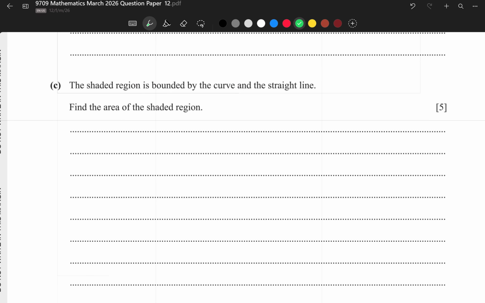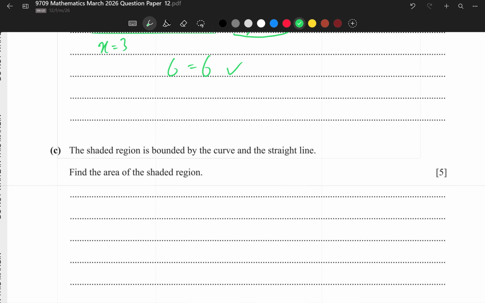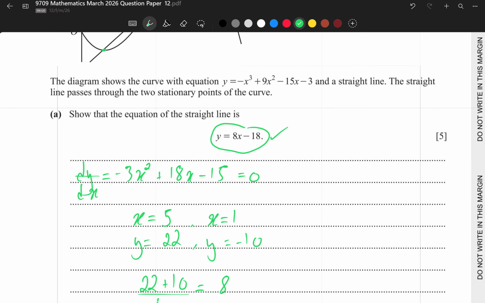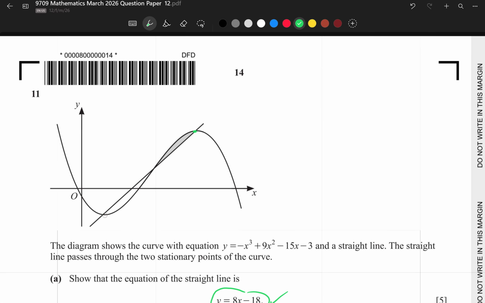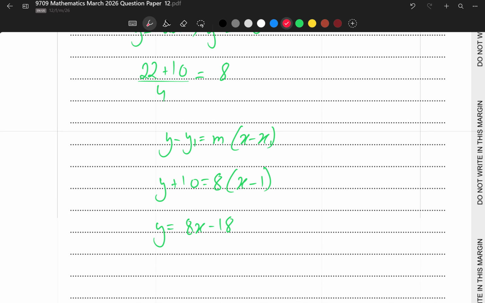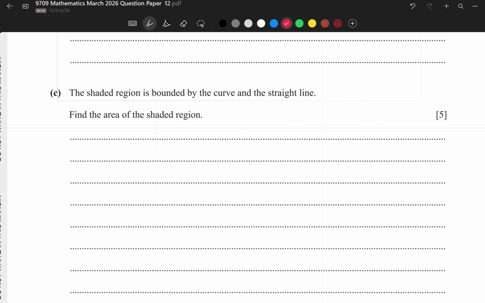Moving on to the c part: the shaded region is bounded by the curve and a straight line. Find the area of the shaded region. In this graph you can see that this part is the curve and this part is the line. The curve is on the top and the line is at the bottom, so the expression will be curve minus the line.